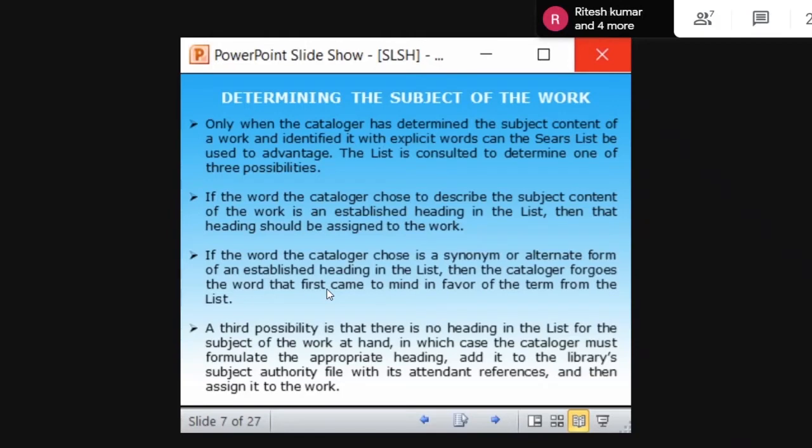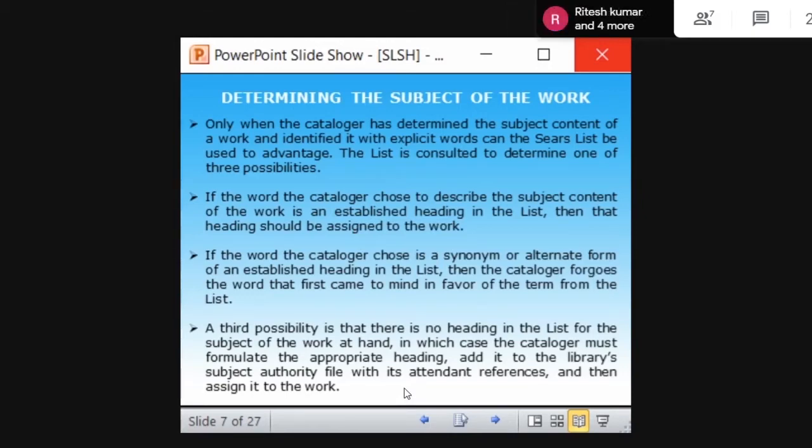That means painters. For example, say painter is not in the list. What will you do? In that case, you must formulate an appropriate heading, add it to the subject authority file with references, then assign it to the work. The appropriate heading for painter would come under artist.